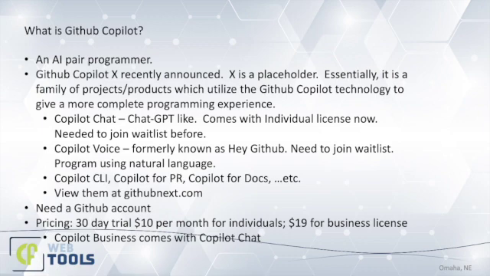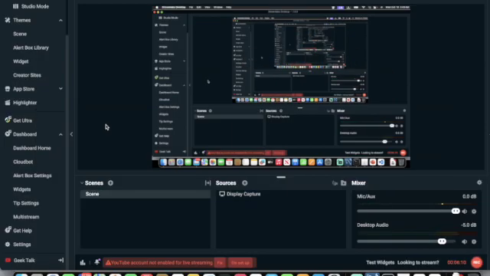And there's also the Copilot for CLI, Copilot for PR, that's the pull request, Copilot for docs, etc., etc. You can view them at githubnext.com.